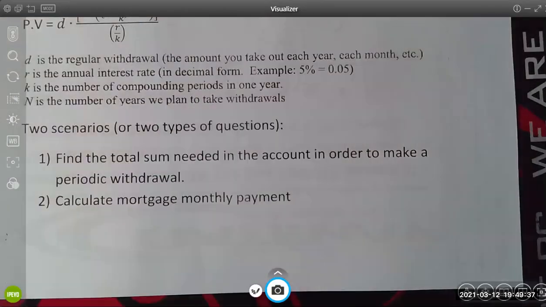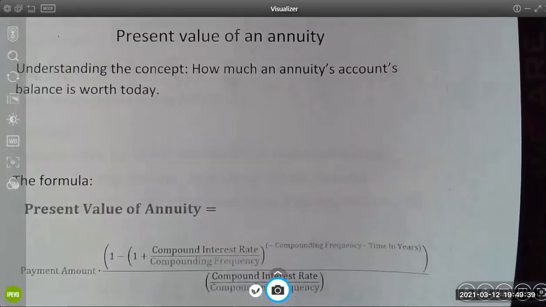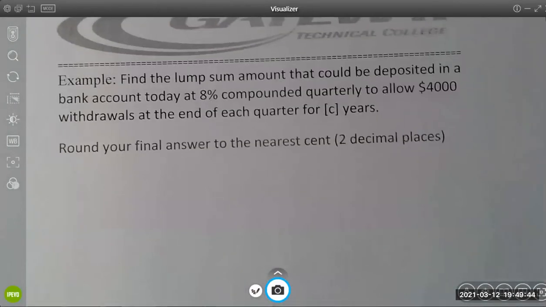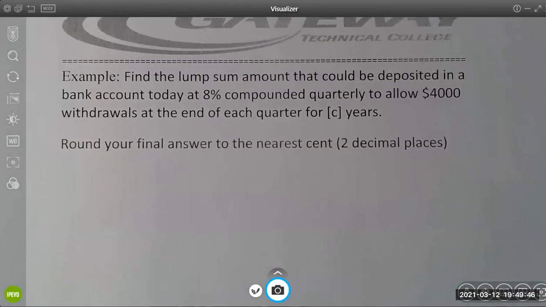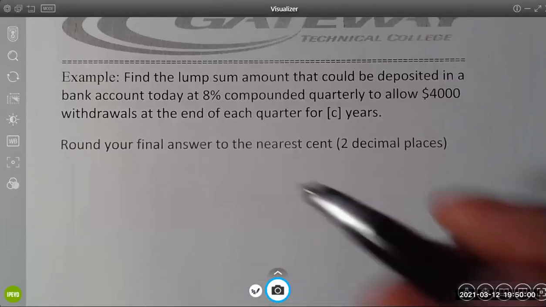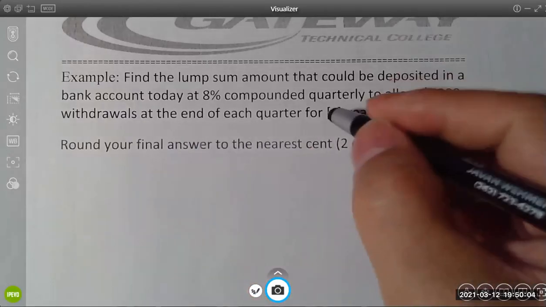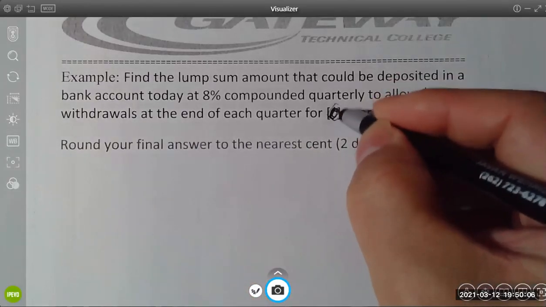Okay, now let's look at our first example. Example 1: find the lump sum amount that could be deposited in a bank account today at 8% compounded quarterly to allow $4,000 withdrawals at the end of each quarter for, why there's no numbers here?